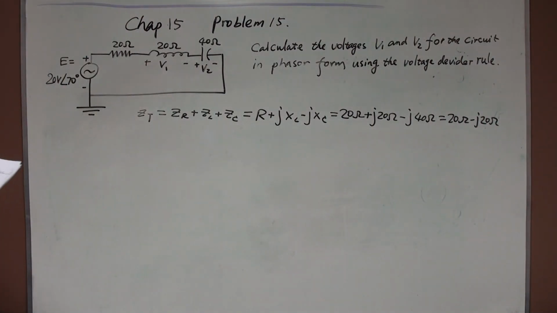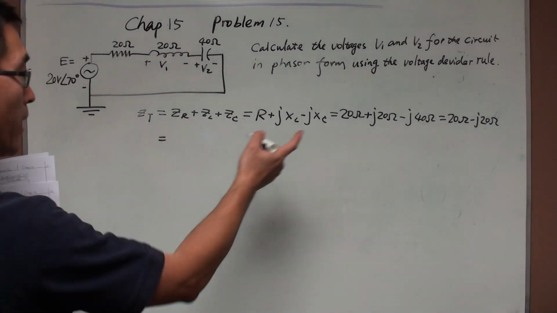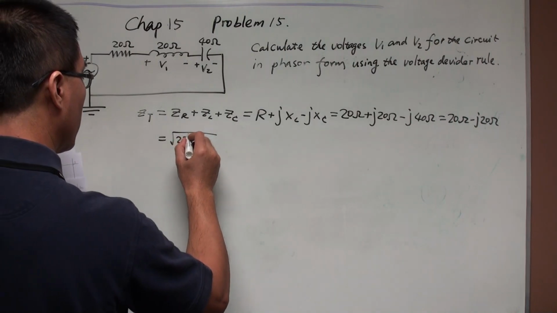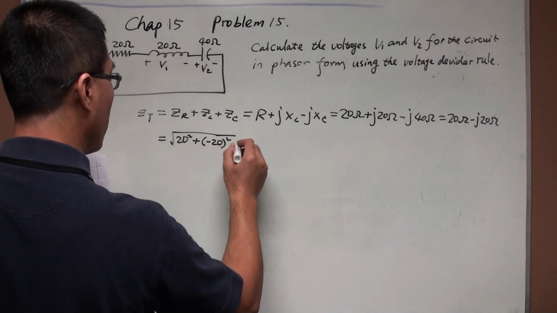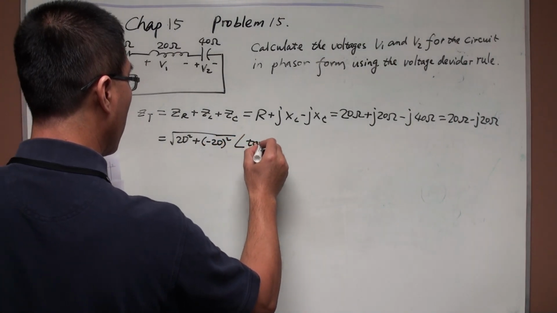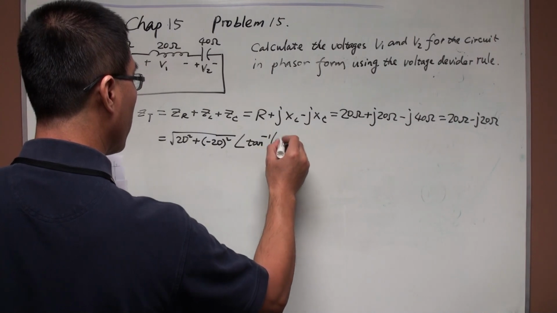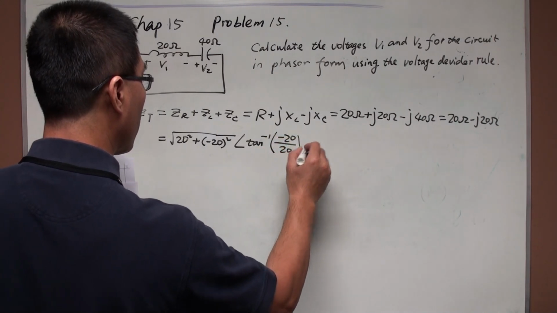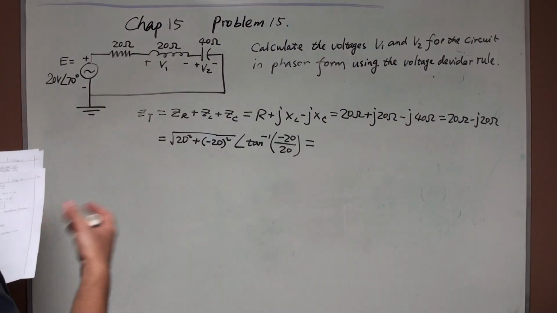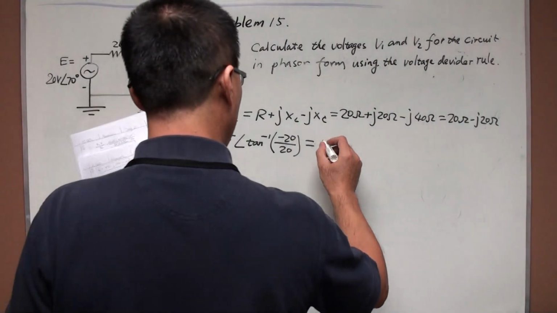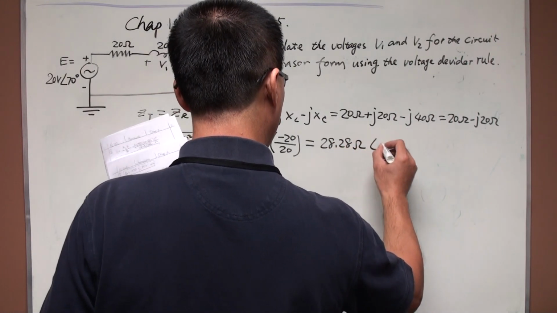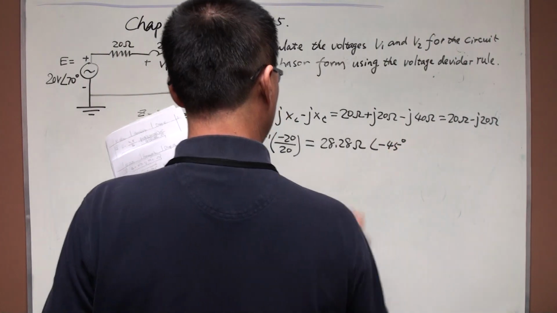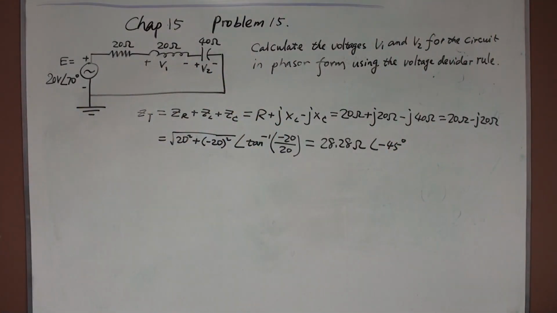And if you want to convert this into polar form, then you have the square root of 20 squared plus negative 20 squared, with angle of negative 20 over 20. So you can do the calculation. It's equal to 28.28 ohms with negative 45 degrees. Okay, so that will be the total impedance.